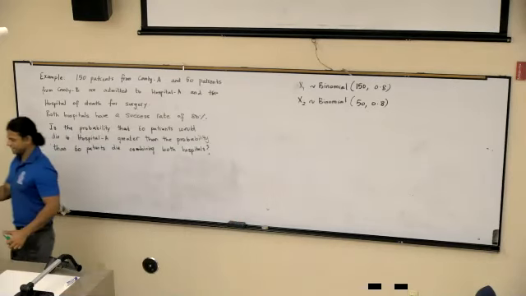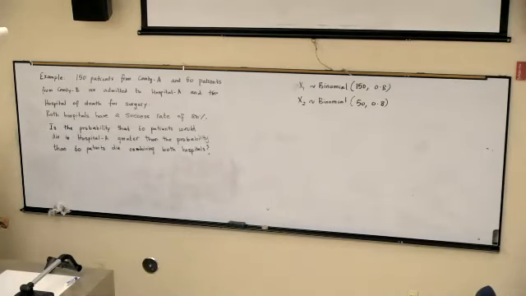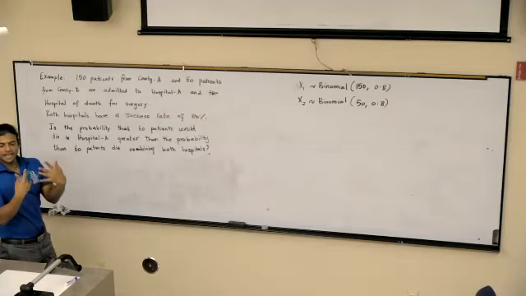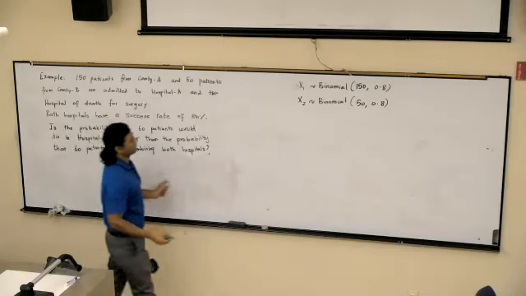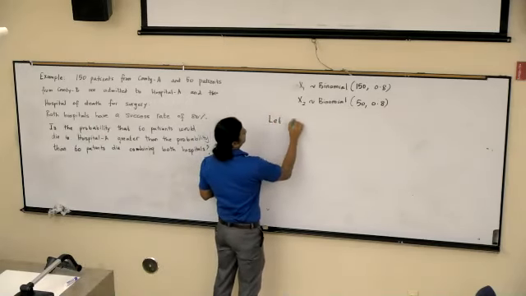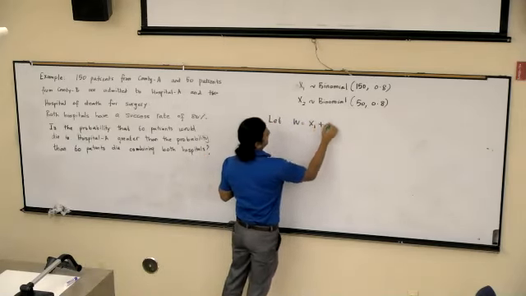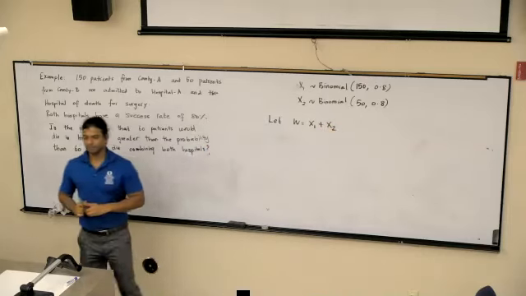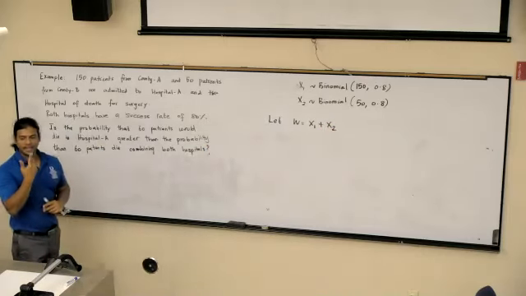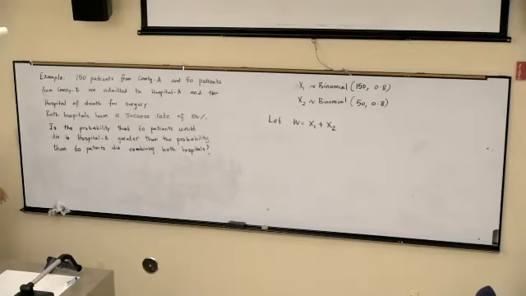Now, what do we need to answer that question? We want to define a new variable. So W would be X1 plus X2, the combined number of patients from hospital 1 and hospital 2.